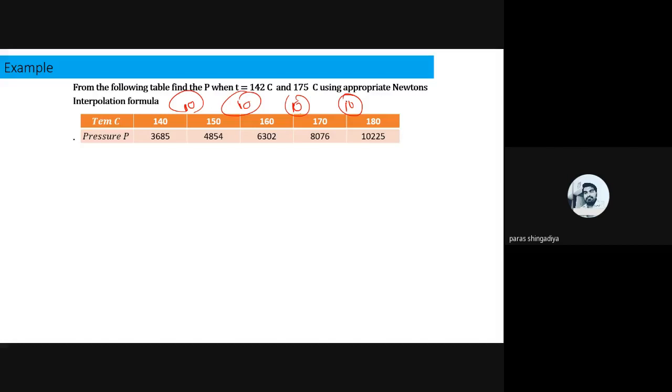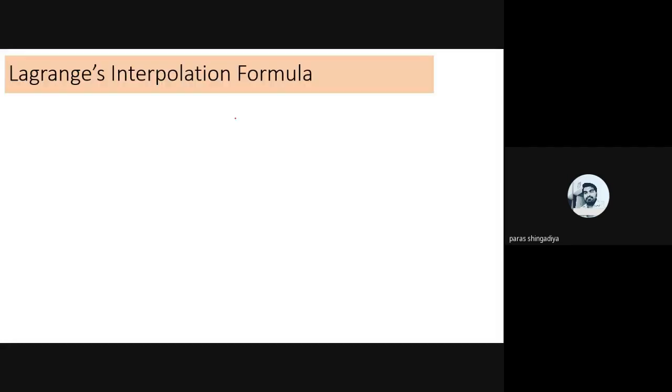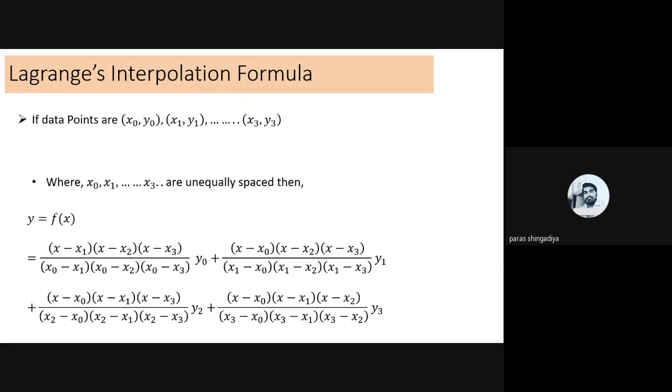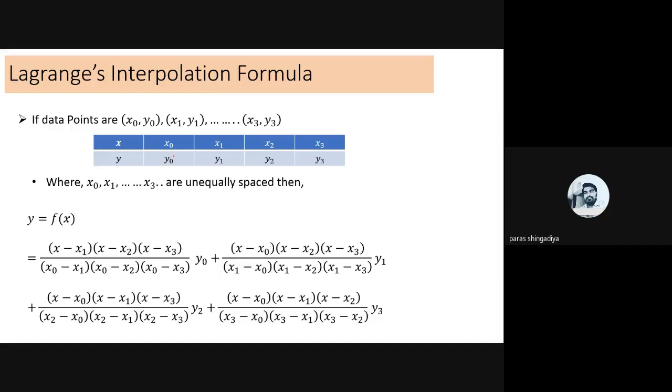Now we can also identify the intermediate value for unequally spaced data. The first method to predict that answer is the Lagrange interpolation formula. First we'll define this formula for four values, and then use it to predict the answer for unequally spaced data. Right now x0, x1, x2, x3 are unequally spaced.